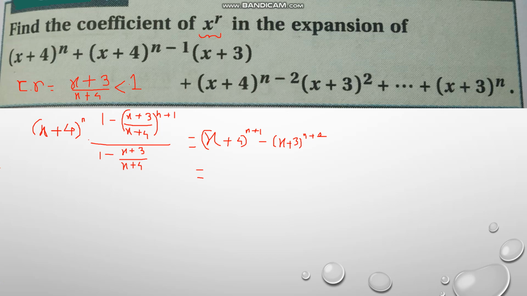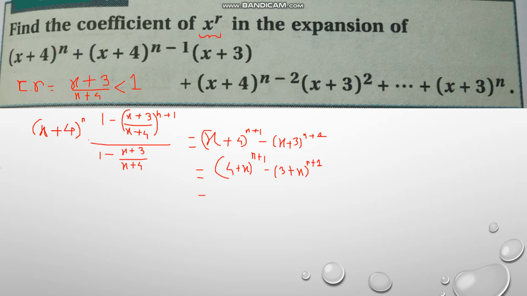I can write this as 4 plus x whole to the power n plus 1, because then the power of x will gradually increase, which I guess makes the question a bit easier than if the power of x gradually decreased.